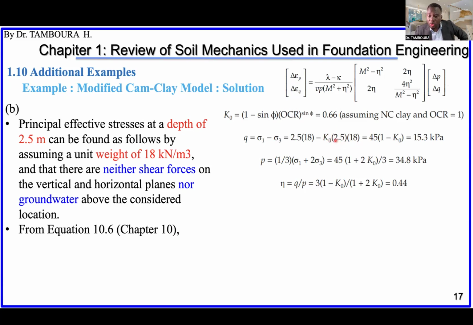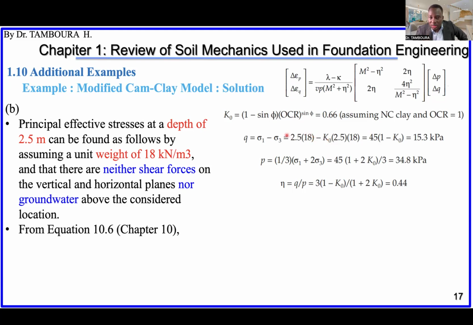So the relationship between vertical stress and horizontal stress in the field. I'm talking in terms of field, not in a triaxial lab test. In the field, the relationship between horizontal and vertical stress is just this K naught. So horizontal stress is K naught multiplied by vertical stress.